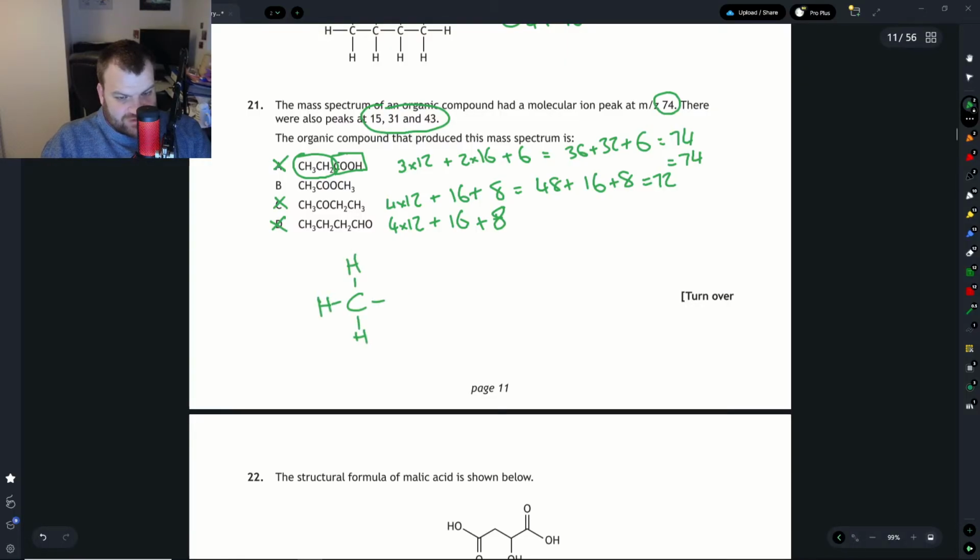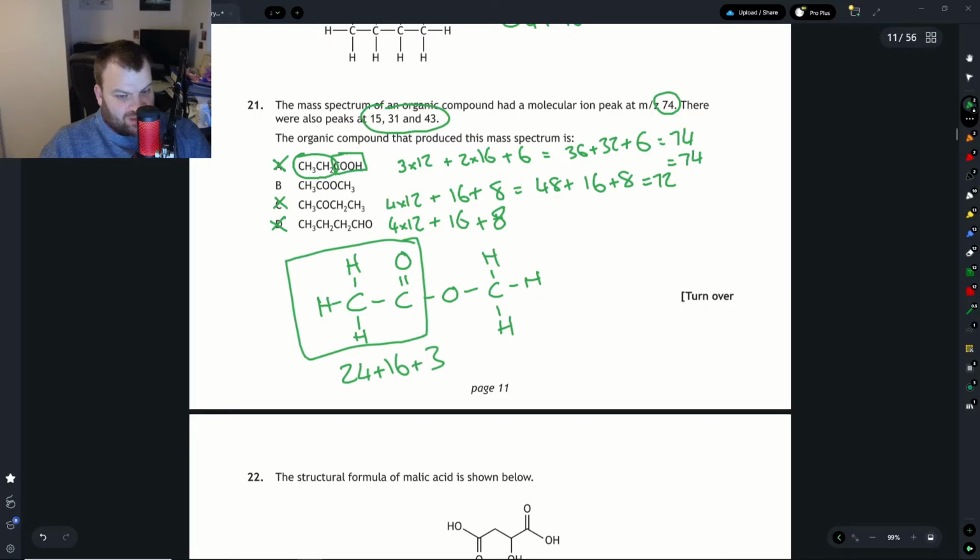That would have CH3, then we'd have C double bond O and O, then a CH3. 15 could be from one of the methyl groups. If you took this part here, you would get 24 from the carbons, plus 16 plus 3. That gives you 43. That would tick the box for the 43 one.